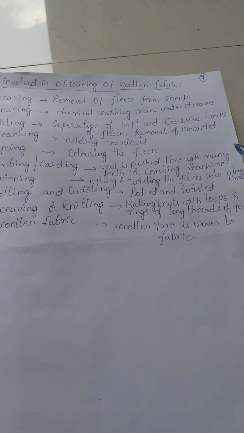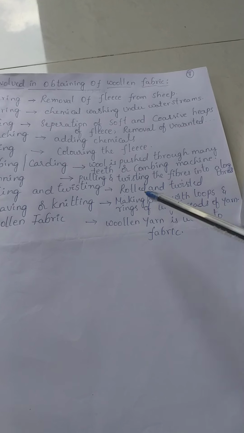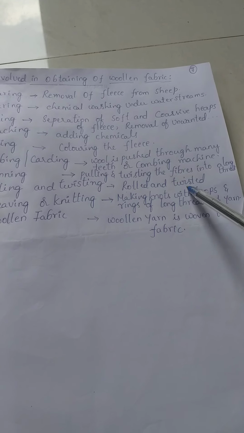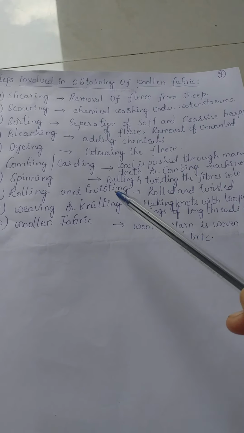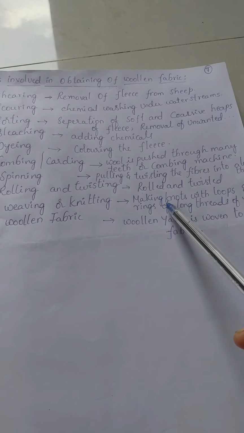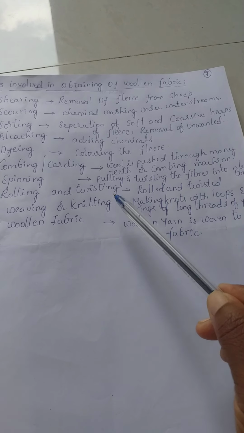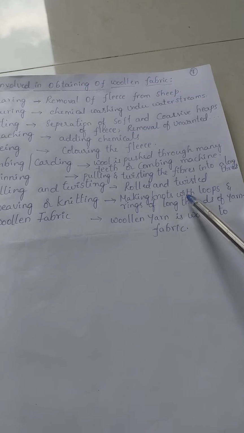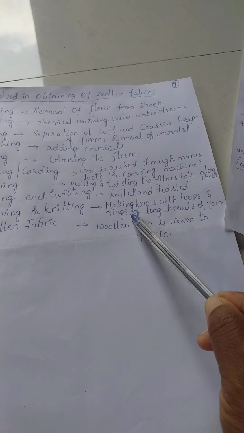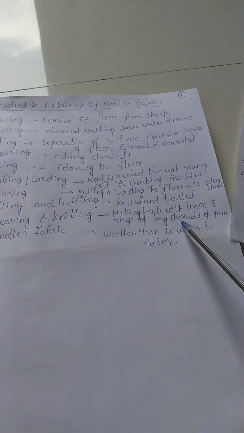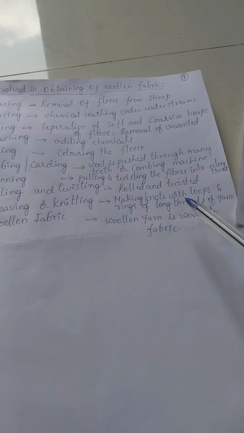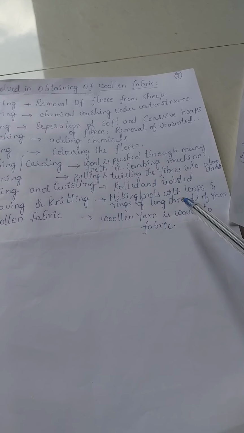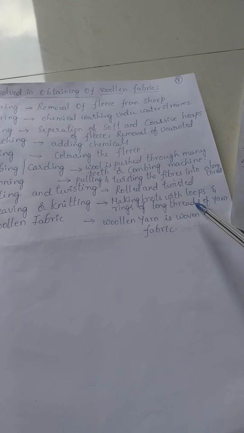After getting the woolen fibers, they are rolled and twisted to form the spindle. And next one, weaving or knitting. Weaving or knitting is like making knots with loops and rings of long threads of yarn.